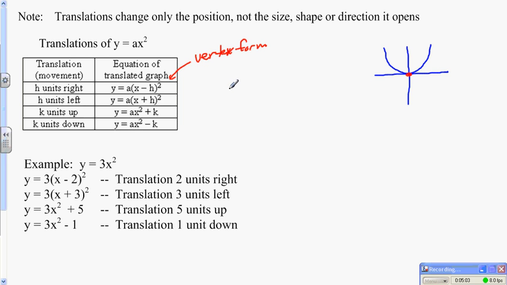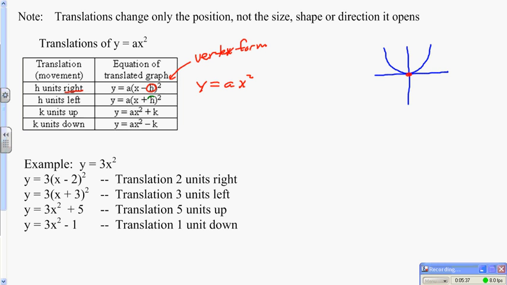Now notice that if you consider y equals ax squared, where a is 1, a parent function, this is centered over the y-axis with the vertex at 0, 0. When you, inside the parentheses now, when you subtract a value, you think it would go to the left, but it actually goes to the right.